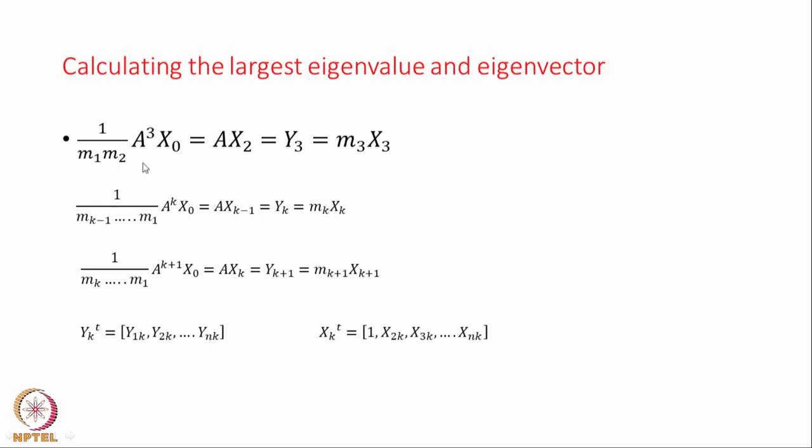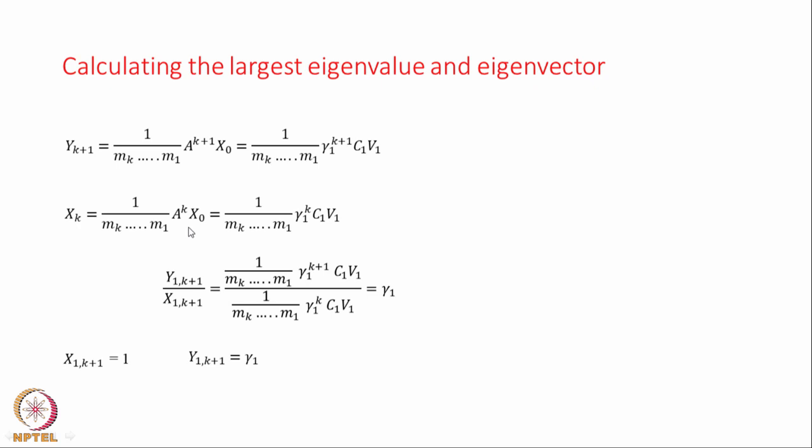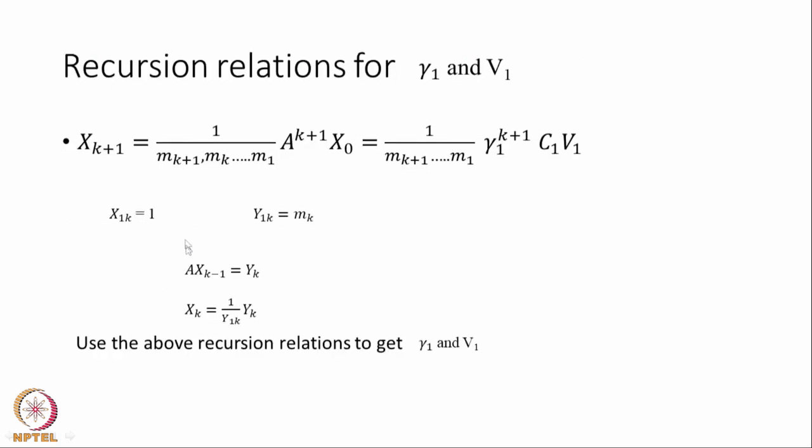I multiply 2 times, 3 times, and so on, this is my algorithm. Let me summarize my final result. We will actually do the program in this. A into x k minus 1 is y k, x k is 1 by y 1 k into y k. So basically I get my gamma 1 and V 1 by multiplying A a repeated number of times.